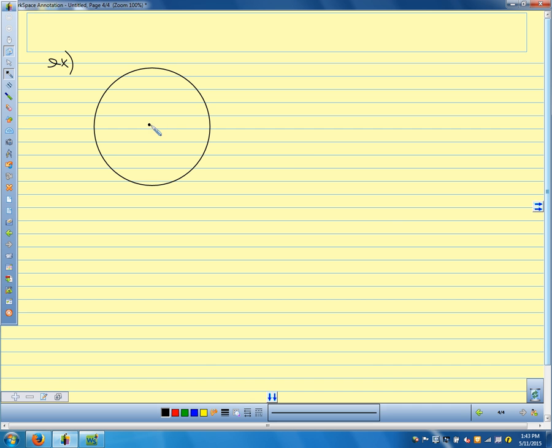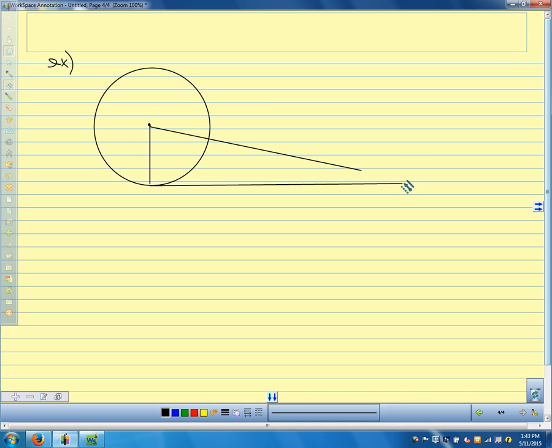There's my circle. That's X. This is a 90-degree angle. This is 24, and this is 18.